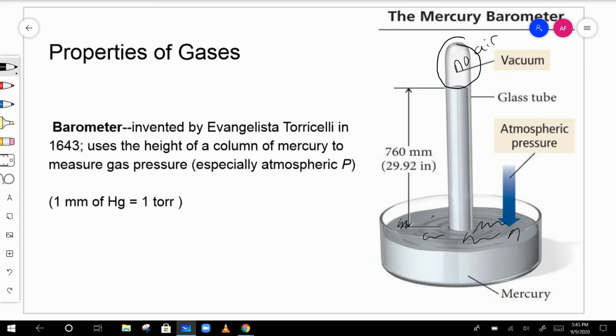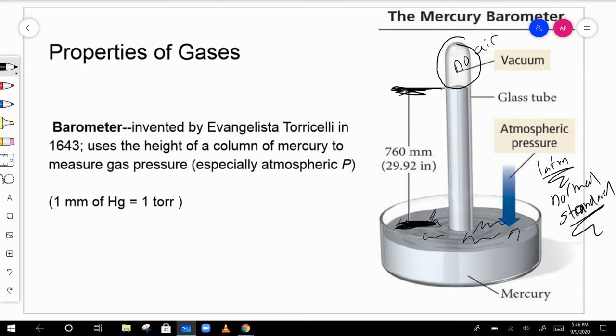If it's mercury at atmospheric pressure, at 1 atm, which is standard pressure, there will be 760 millimeters of mercury from the surface of the mercury to the vacuum.